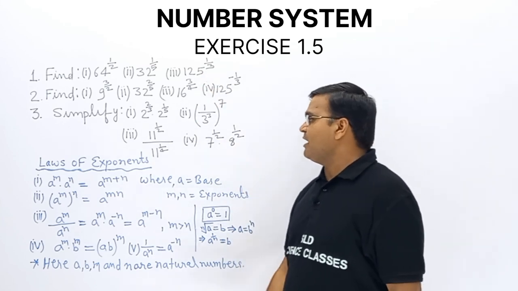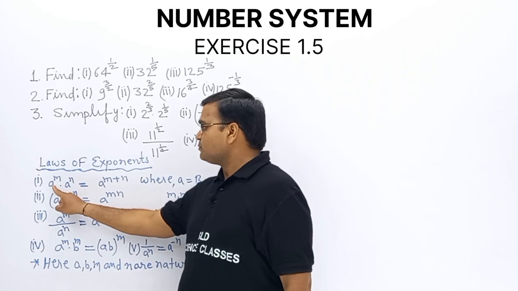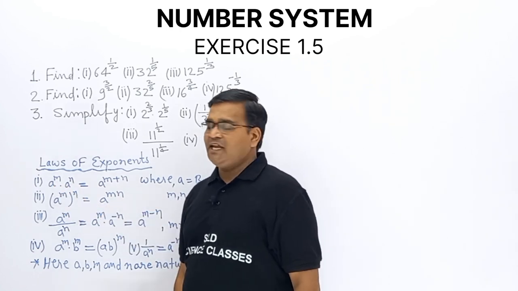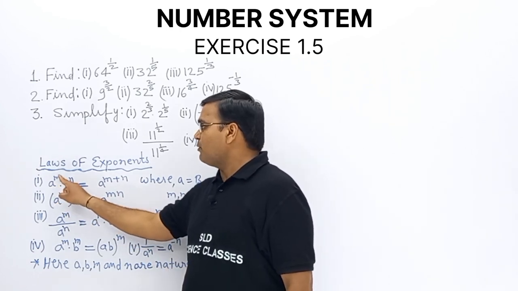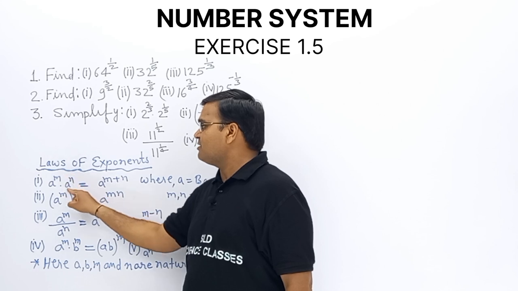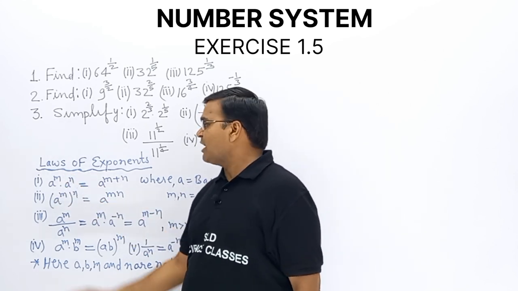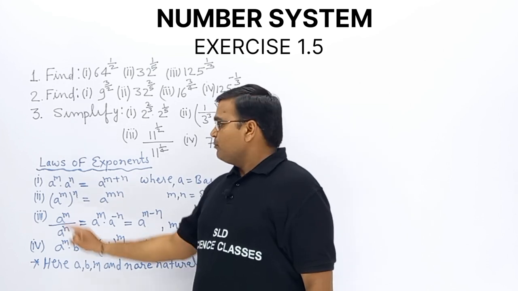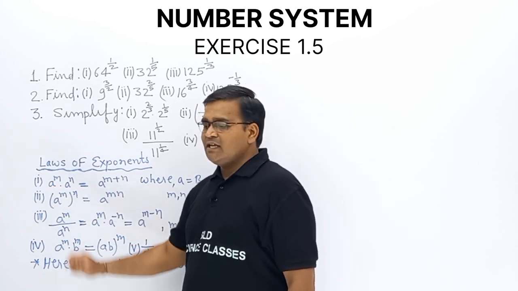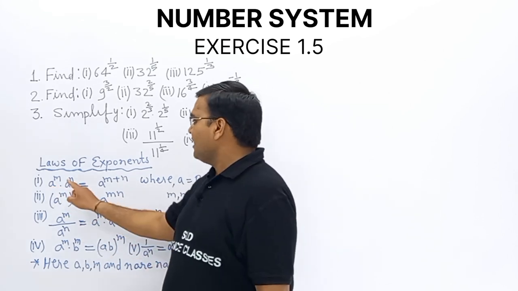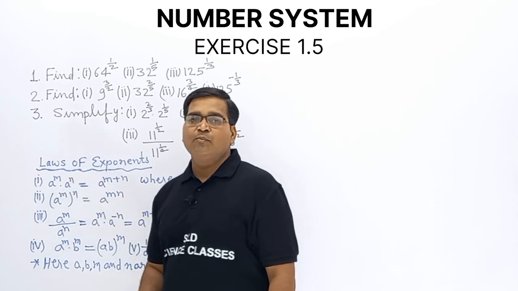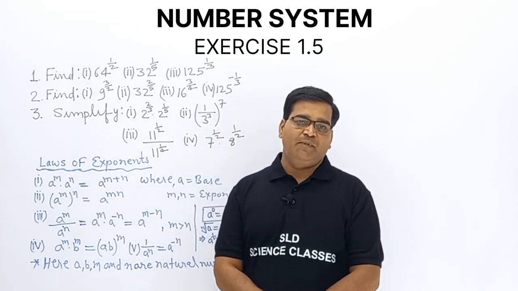So just revising, if two numbers a power m and a power n are in a product form, then a is the base and m and n are powers of a.